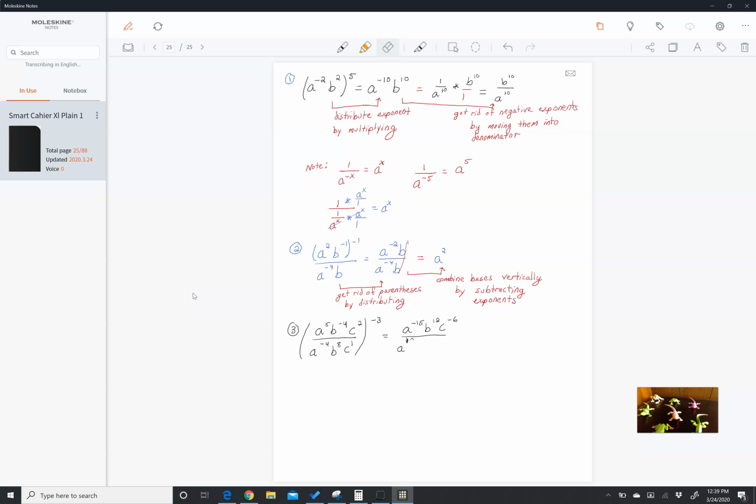It's positive because we have a negative 4 times a negative 3. B to the negative 24. And c to the negative 3. Okay, so we got rid of the parentheses by distributing the exponent. I'm going to stop writing a lot of this. So notice this is always our first step.